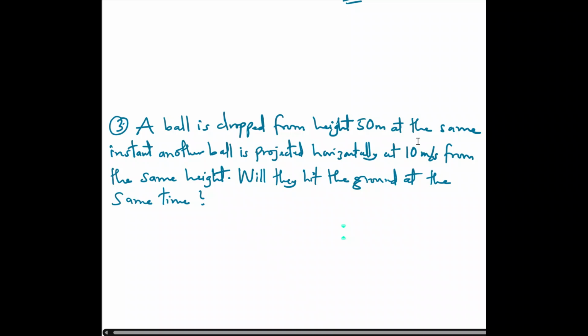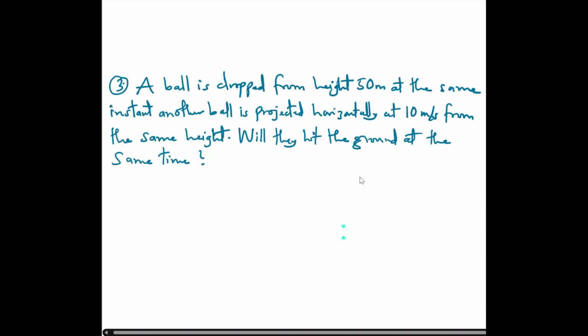So the next question, question 3, says a ball is dropped from height 50 meters. At the same instant, another ball is projected horizontally at 10 meters per second from the same height. Will they hit the ground at the same time? One thing you need to know is that the vertical motion of a projectile is independent of the horizontal motion.